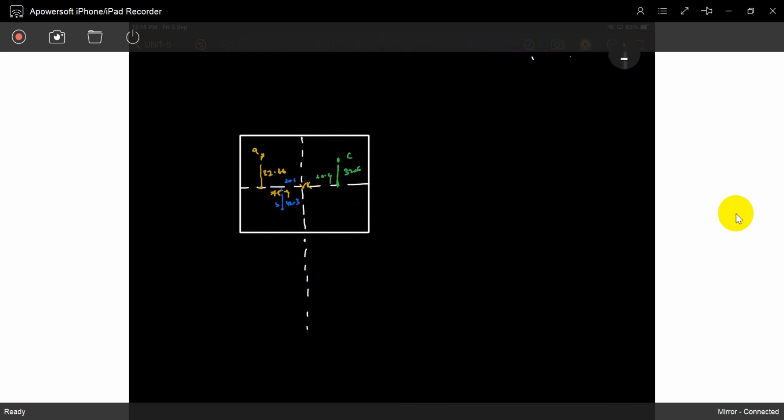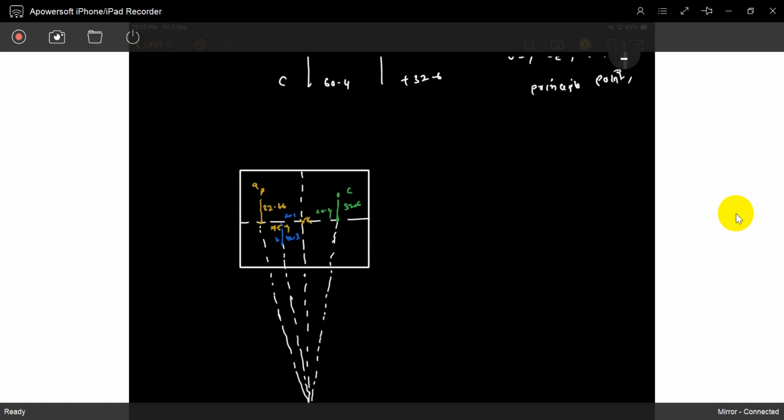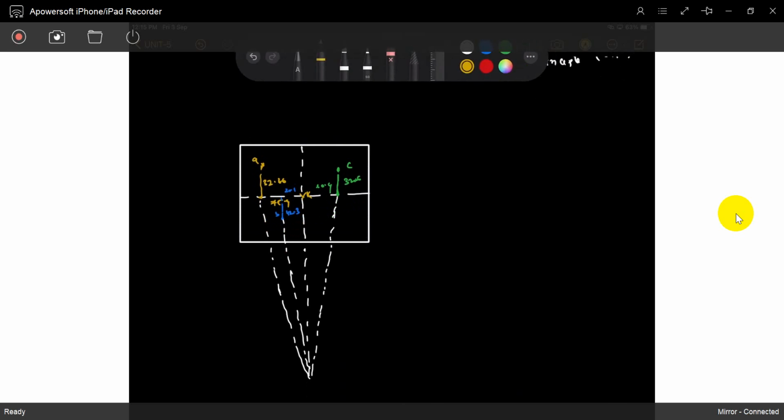First we have to find this alpha. This is the principal line, so this is alpha A. What is alpha A?